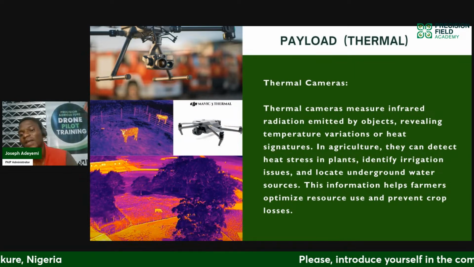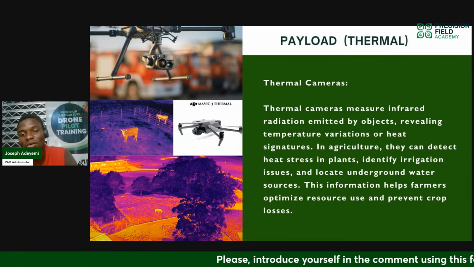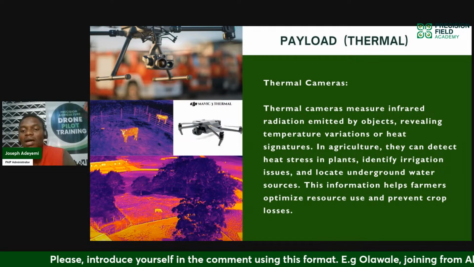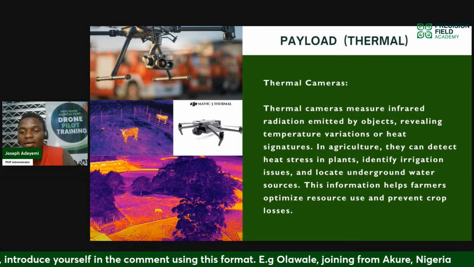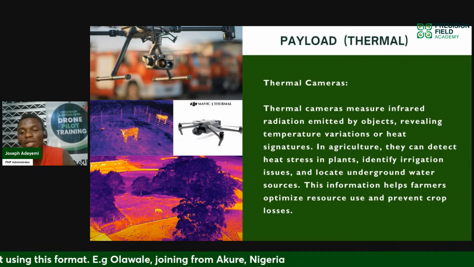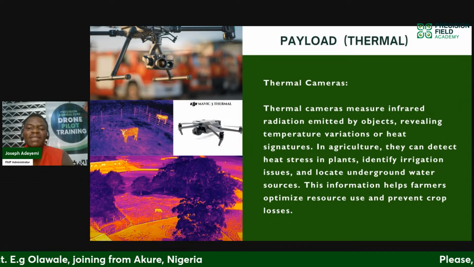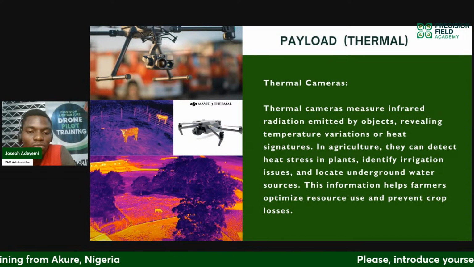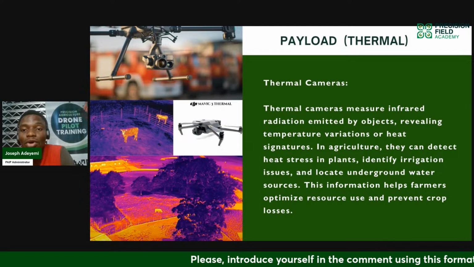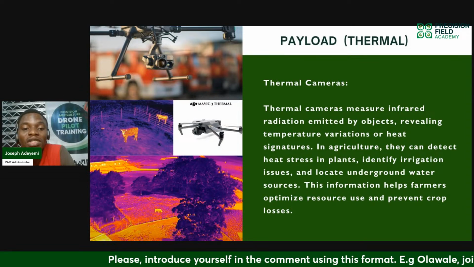Another one we have is a thermal sensor or a thermal camera. This thermal camera measures infrared radiation emitted by objects, revealing temperature variations or signatures. For instance, most drones, like RGB and multispectral sensors, you need to operate in broad daylight.